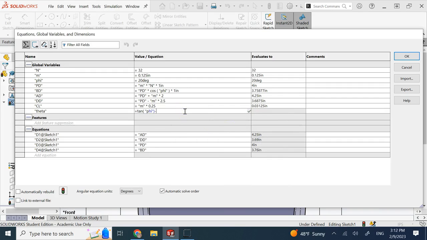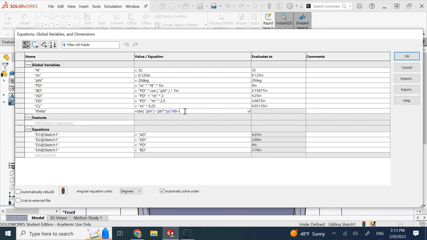right? Now, minus angle here, you have to convert your angle into radians. You have to convert this phi into radians. And for that, I need to multiply it by pi, then divide it by 180. Otherwise it's not going to work, because I need it in radians.